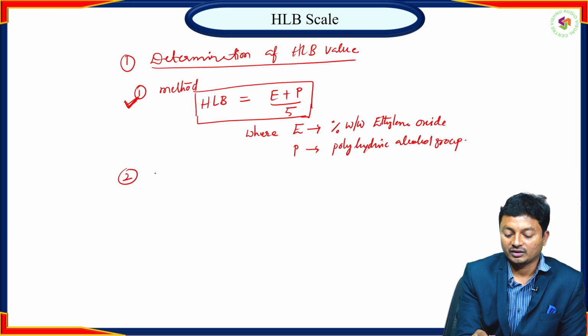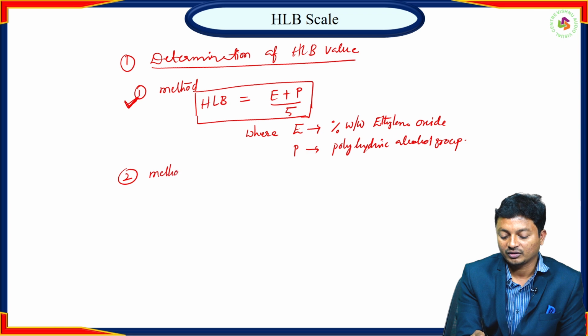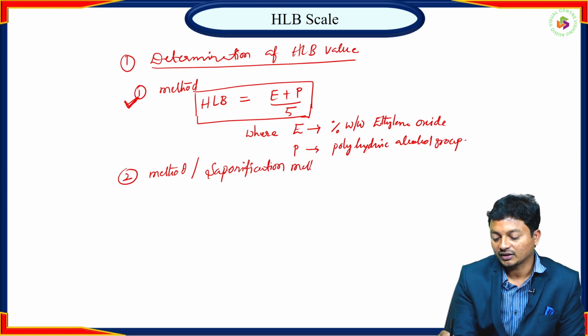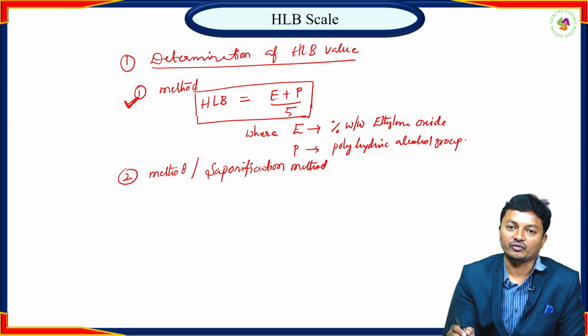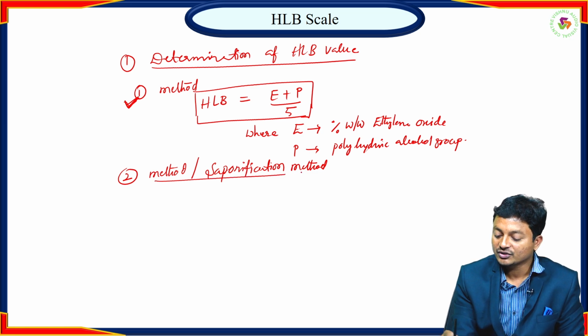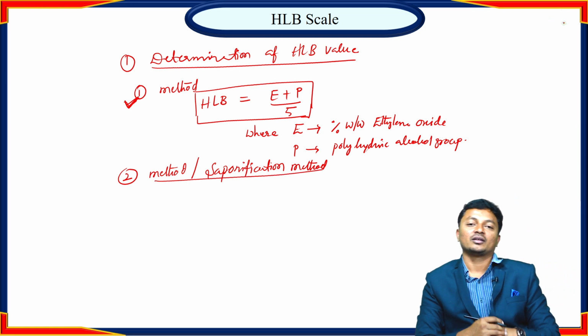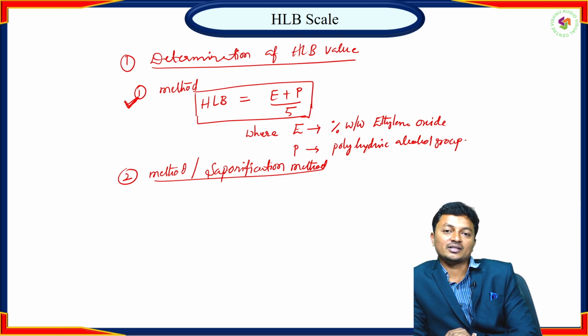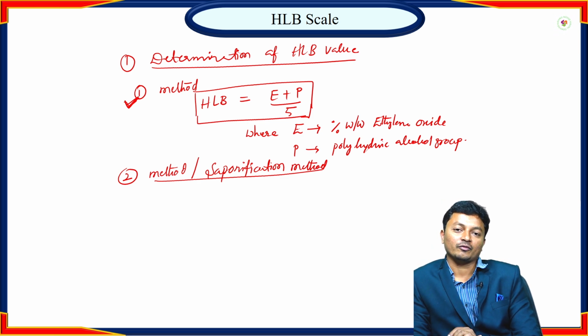And the second method is also known as the saponification method. In this saponification method, we need to go for the hydrolysis of the particular substance for which we need to know the HLB value.